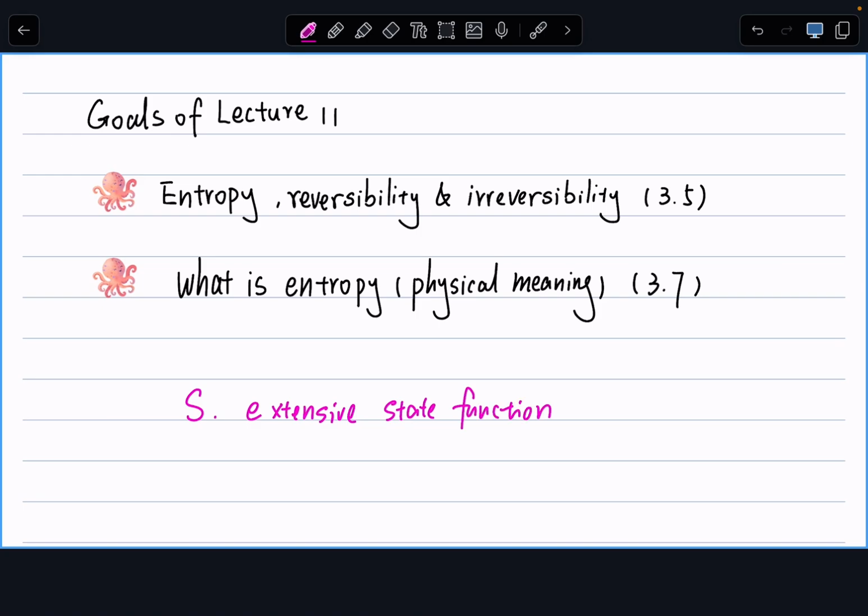So today we'll take one step further, trying to explain what exactly entropy is. So far we went over how to define entropy, how to calculate the change of entropy between your state 1 to state 2.